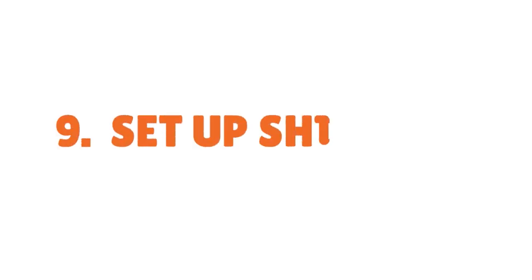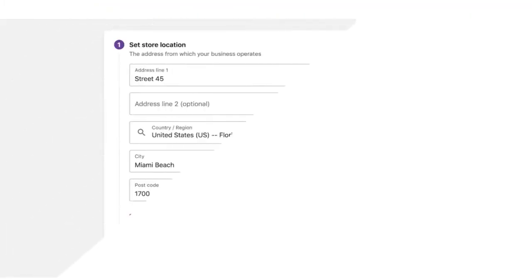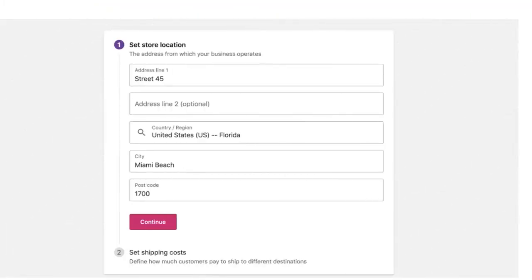Next, I want you to set up shipping. This is an important element for folks. You can confirm your store location or edit it if you haven't done it before. Shipping is important not only in terms of how you reach customers and how fast your products will be shipped to them, but also for tax implications.